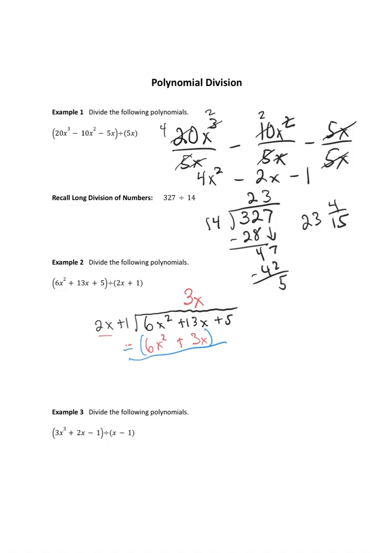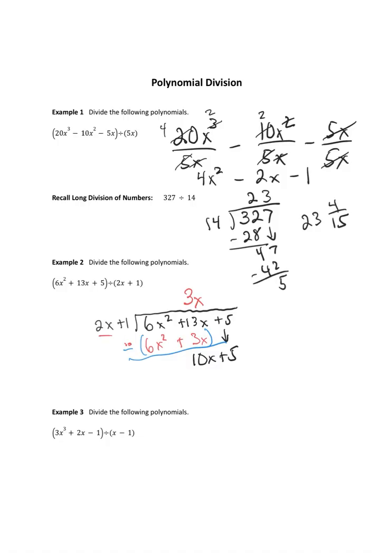So that's 0. And then the next term would be 13x minus 3x, right? So that minus 3x. So you really have to watch the signs there. So 13x minus 3x would be 10x. Bring down the plus 5.